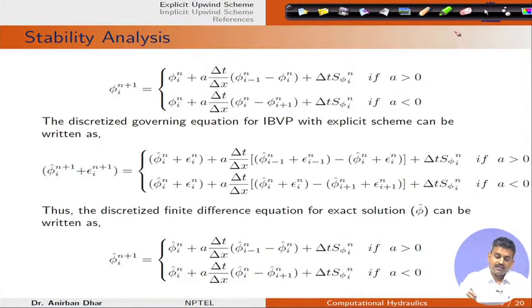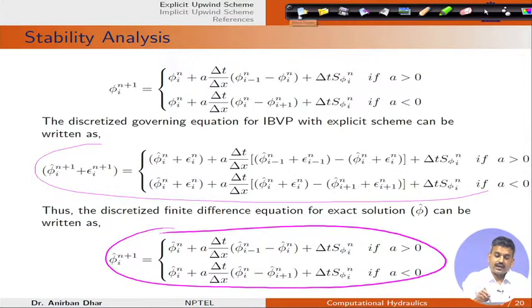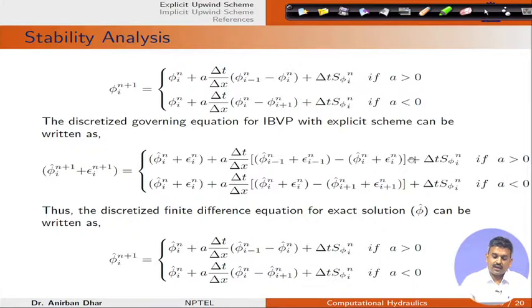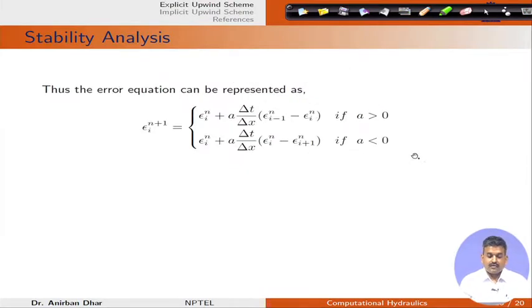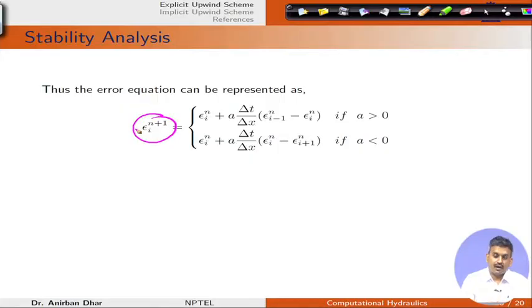Now, if we subtract this exact solution equation in discretized form from this one, we can get the corresponding error equation. So, the error equation can be written like this, where this one is unknown and these are known level things.